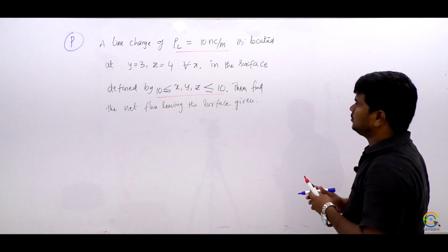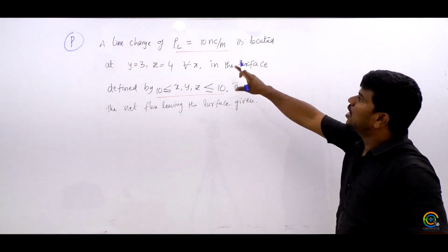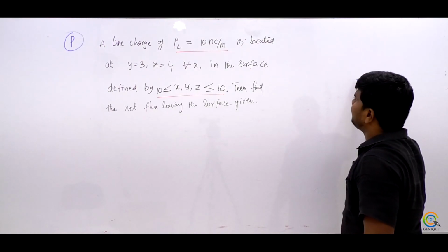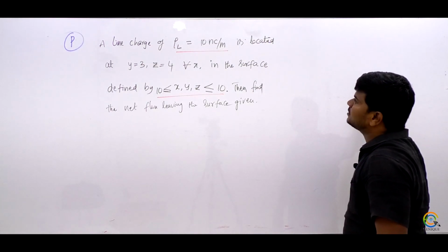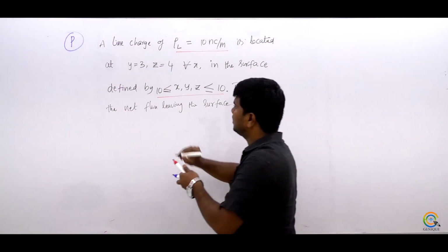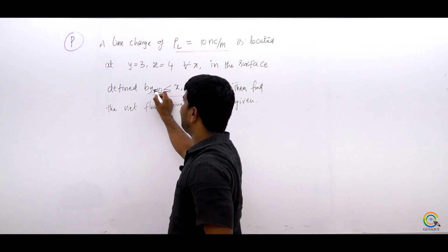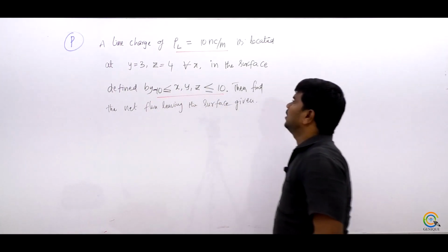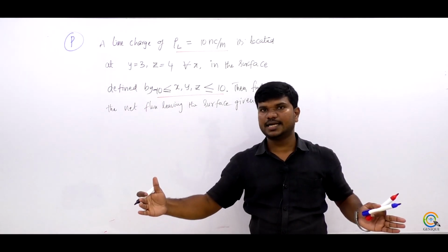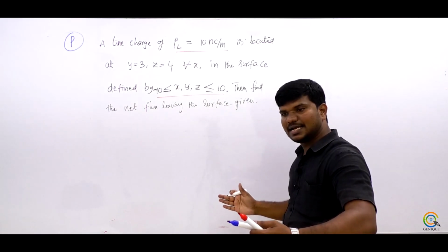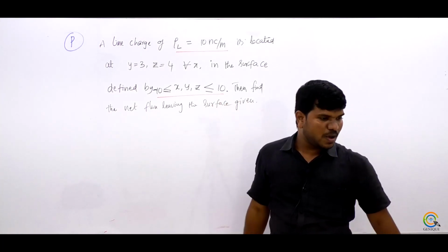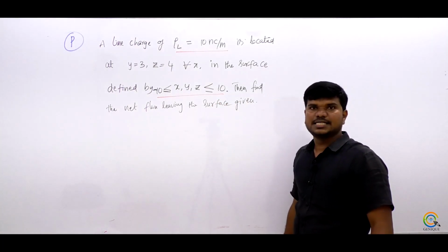First of all, how do we draw the surface? The surface is given with x, y, z between minus 10 and 10. That means x is between minus 10 and 10, y is between minus 10 and 10, and z is also between minus 10 and 10. That means it is a rectangular box.